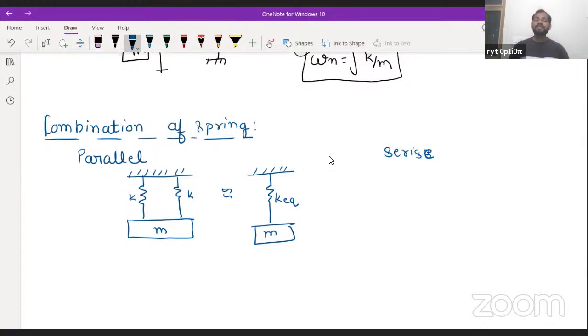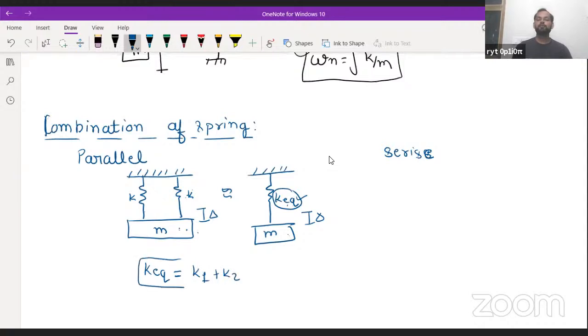The K equivalent stiffness will have the same deflection under the same mass as these two springs do. If these two springs show a delta deflection corresponding to this mass, then this single spring will also show a delta deflection. So this spring is equivalent to these two springs. Whenever the springs are in parallel, your equivalent stiffness will be K1 plus K2.